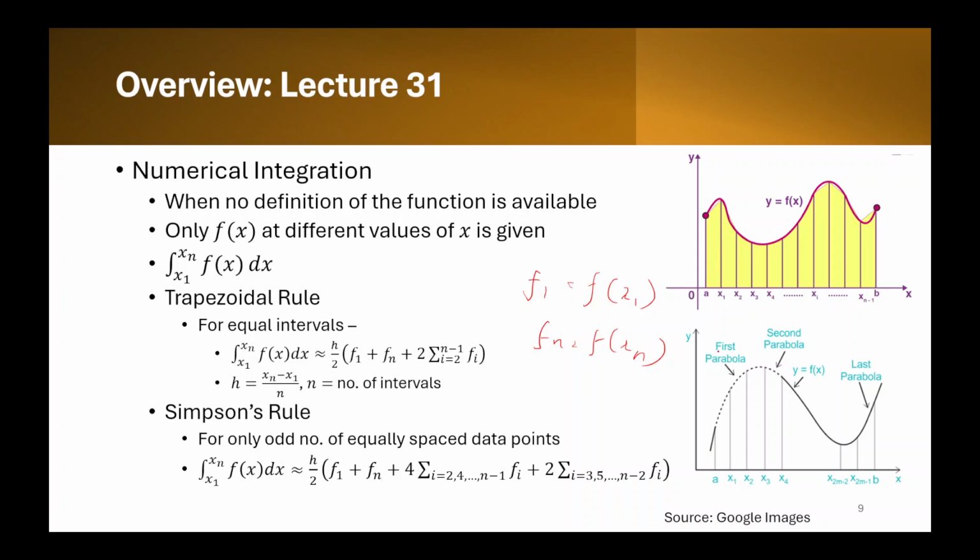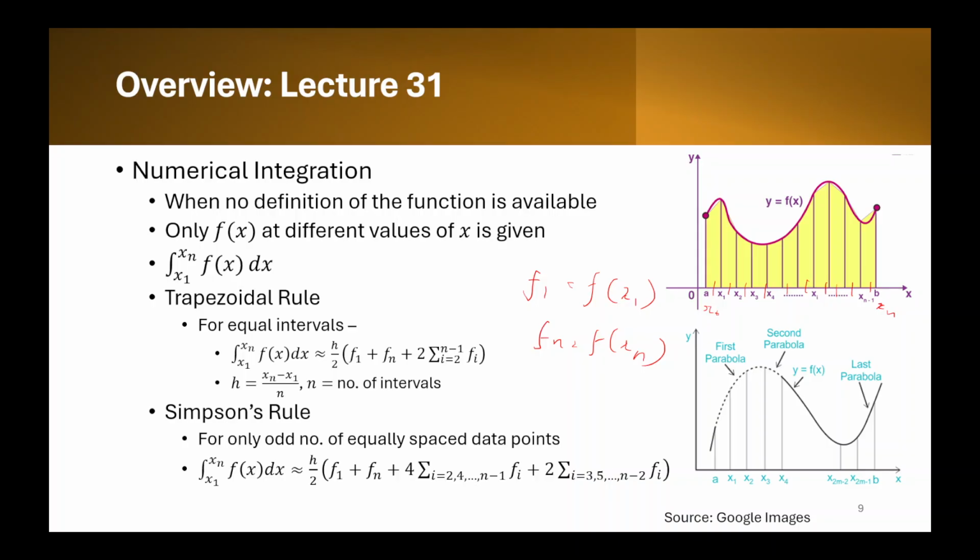If you count this as x0 and this as xn, these are the data points. What is the number of intervals? 1, 2, 3, 4, 5, 6, 7, 8, 9, 10. These are the number of intervals, and the number of data points are these points. That's the difference between the two.